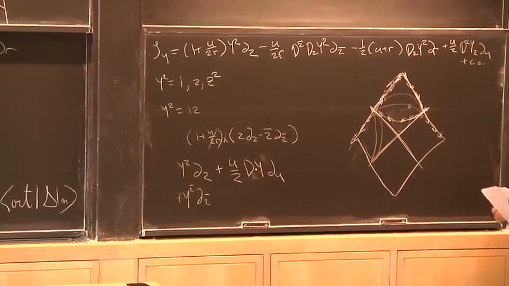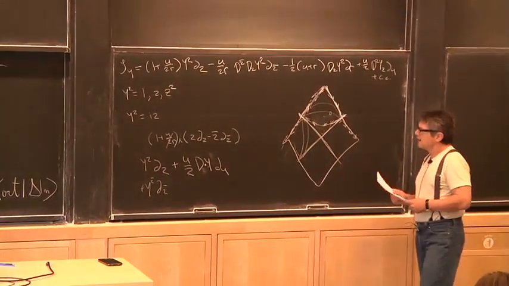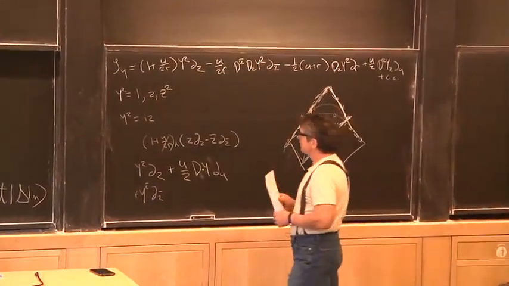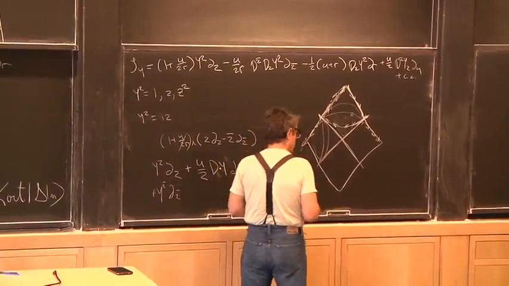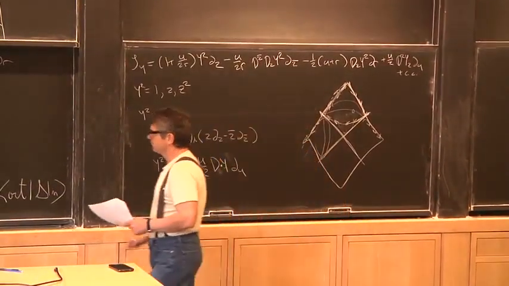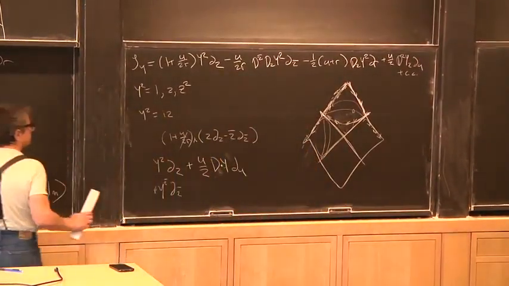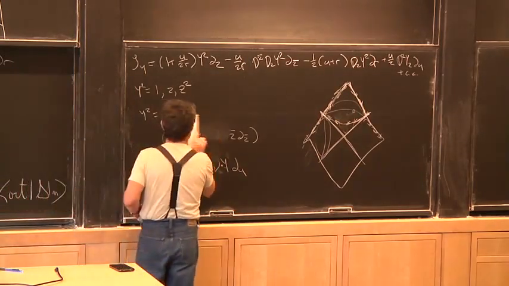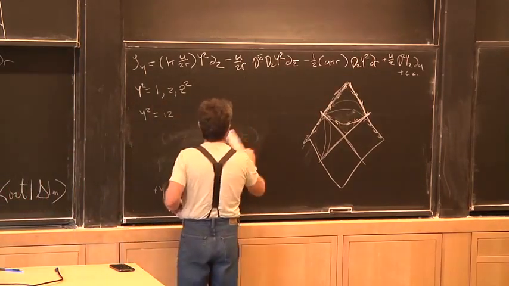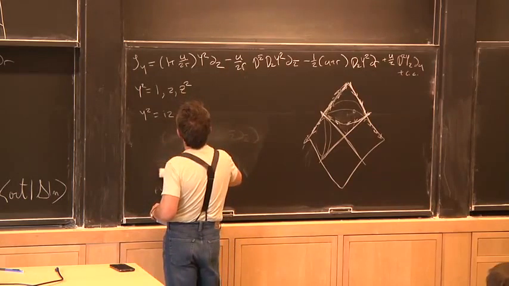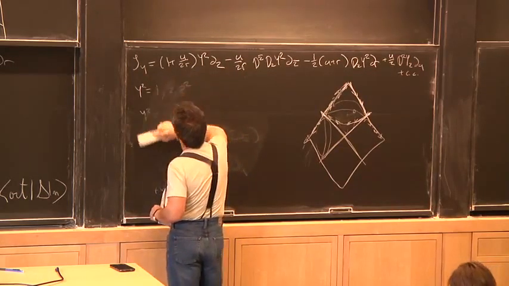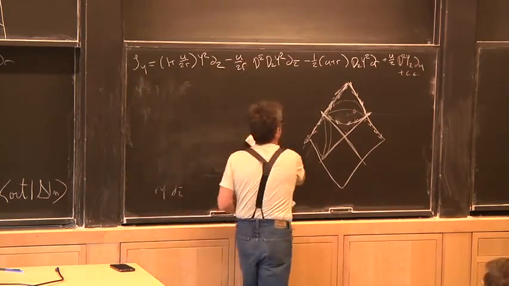Now let's think for a minute about what happens if we compute for a general y z, not necessarily one of these three.